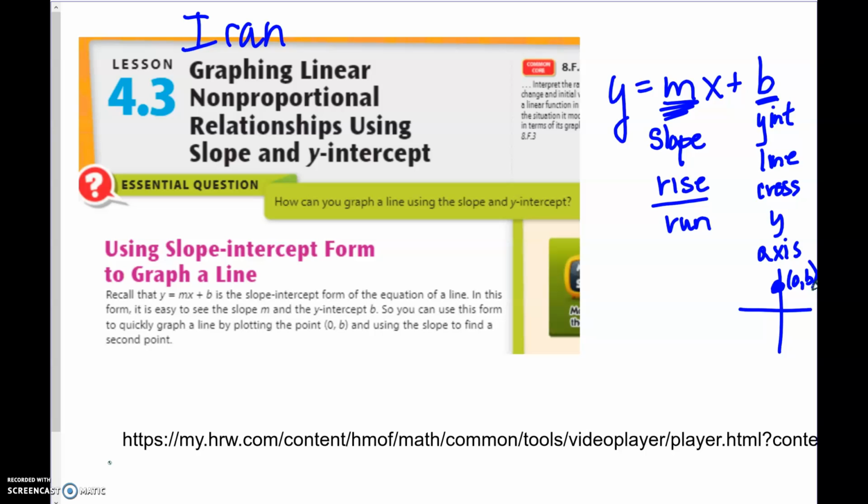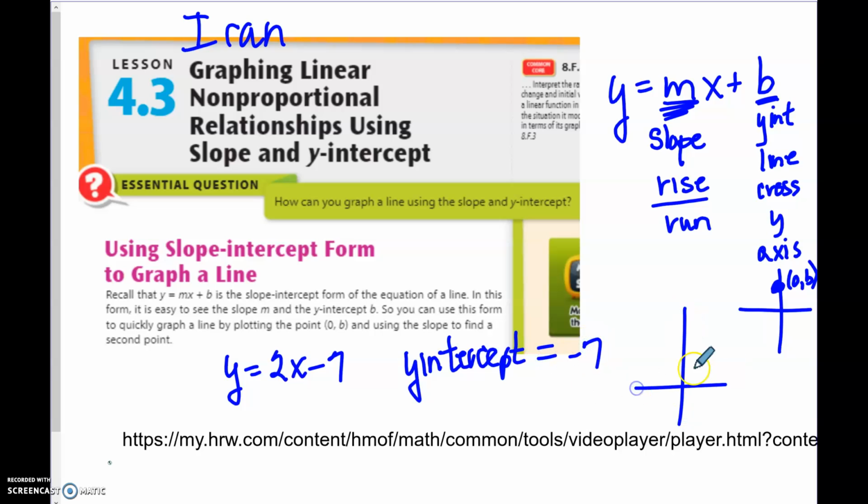Okay, so if I give you an equation, something like y equals 2x minus 7, I am telling you what the slope is and what the y-intercept is. In this particular case, the y-intercept, where this line is going to cross the y-axis, is at -7.